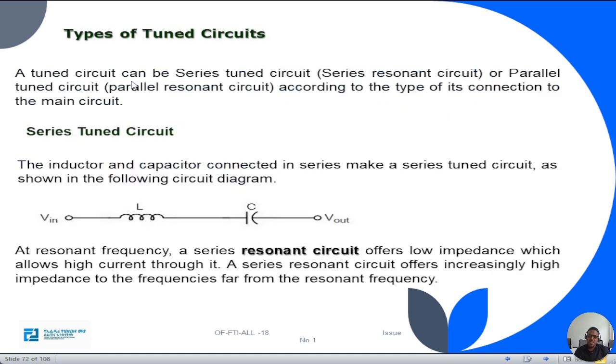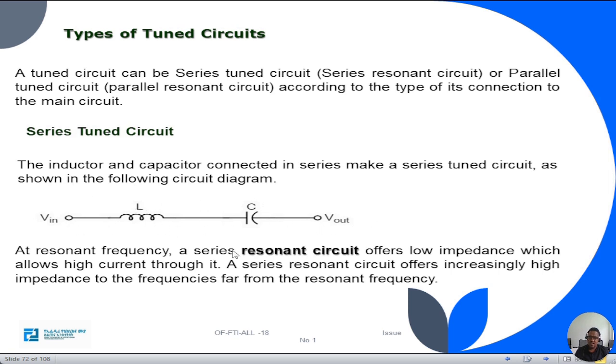A tuned circuit can be a series tuned circuit, or series resonant circuit, or a parallel tuned circuit, or parallel resonant circuit, according to the type of its connection to the main circuit. In a series tuned circuit, the inductor and capacitor are connected in series, as shown in the following circuit.